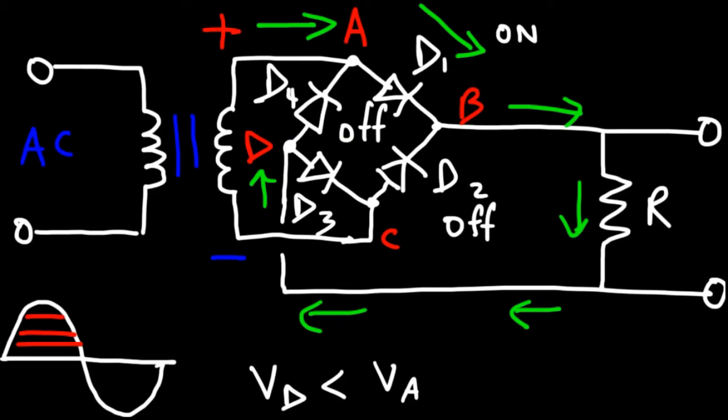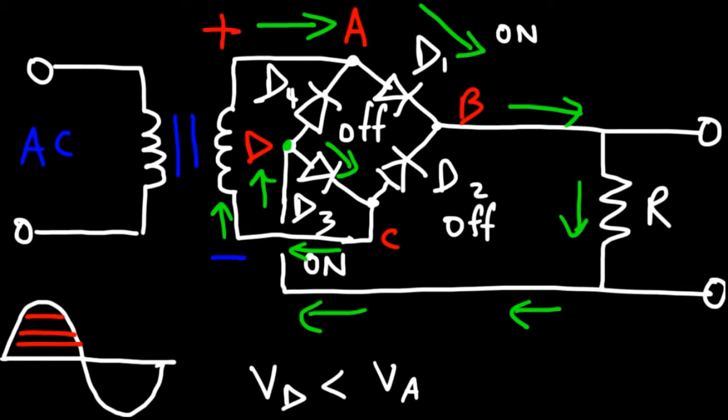It's not active. So once the current reaches point D, it's not going to go through D4. Therefore, it has to go through D3. So D3 is going to be in the active state. Then from D3, it's going to reach point C, and then it's going to go back to this transformer. And so that is the direction of the flow of conventional current during the positive half cycle.